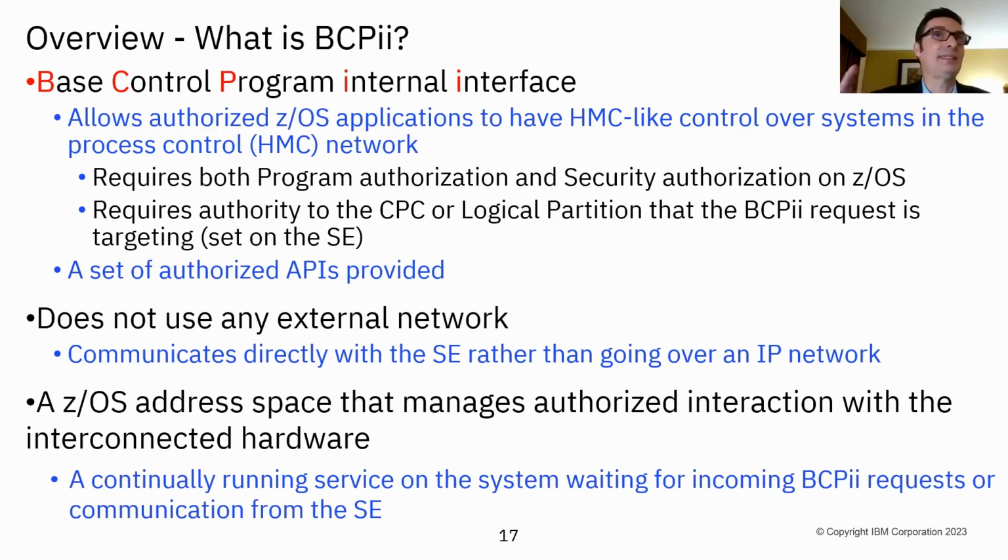That address space will try to start up during the IPL or boot of the operating system, and we'll talk a lot more about this in just a few moments. It will manage the interaction between your application programs that use BCPii APIs and the hardware. So you need to have that address space up and running.